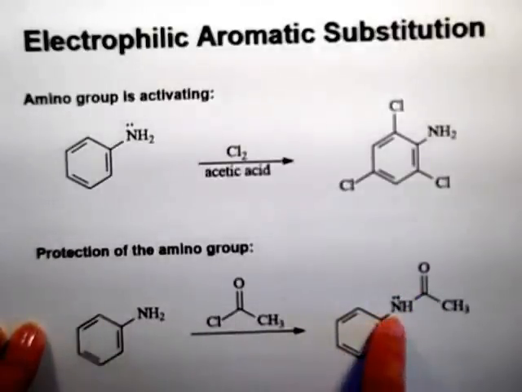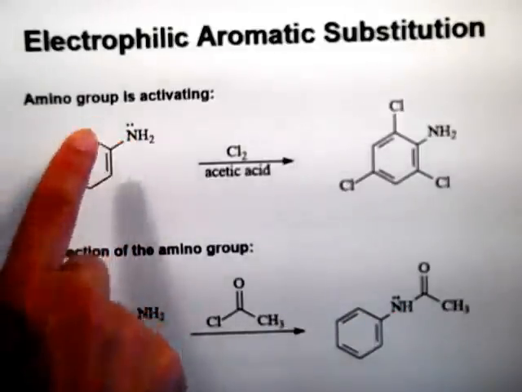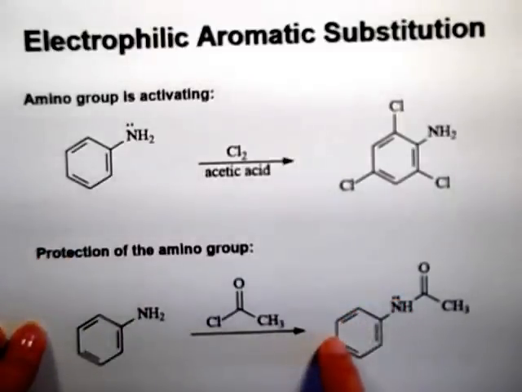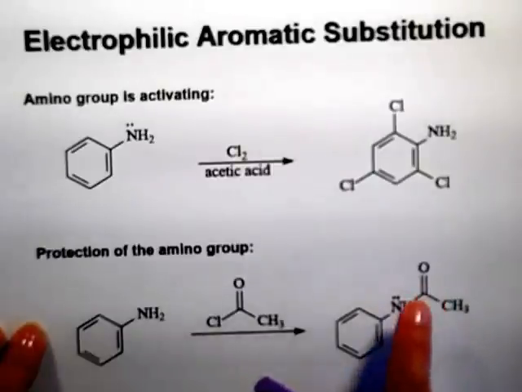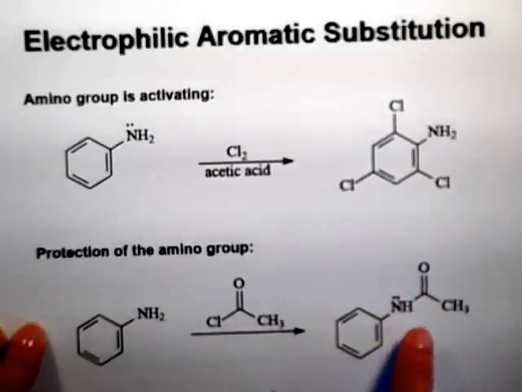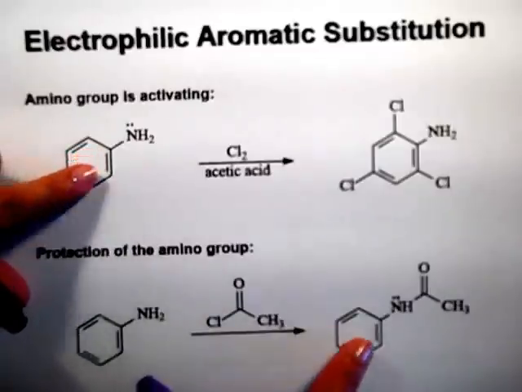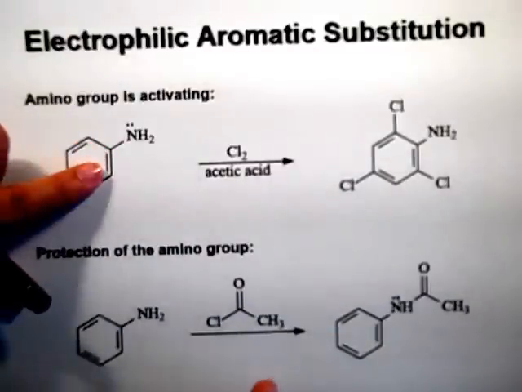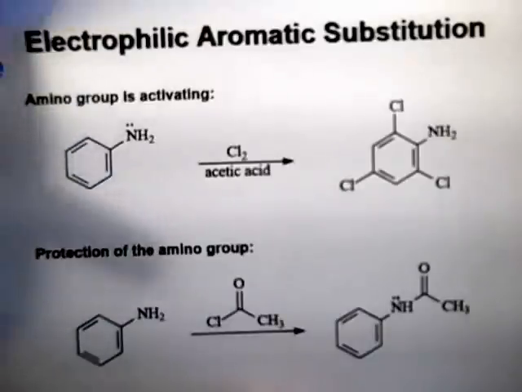What happens is that it's not as activating as the NH2 that I had to begin with, as the NH2 in aniline, because this lone pair can be delocalized to the ring, or it can be delocalized towards the carbonyl. So now I have reduced the reactivity of the benzene ring. So if you were to compare those two, the aniline is going to be more reactive. This ring is still an activated ring, but it's less reactive than aniline.